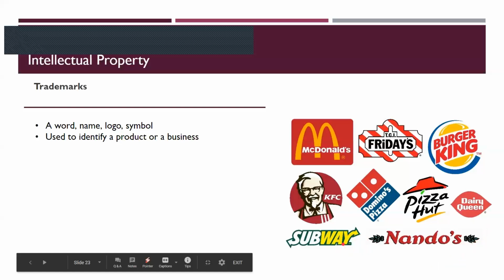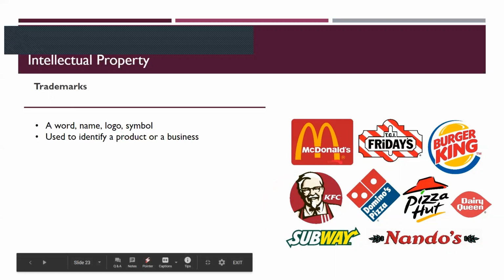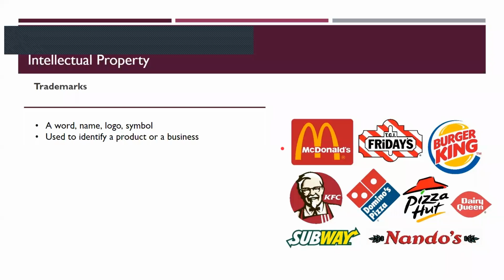The R means registered, meaning no one else has access to this, more or less. But what this means is, if you were to take away the word McDonald's here, and you just saw the golden arches, you'd still know it's McDonald's. So it's a logo or symbol, and it identifies McDonald's as McDonald's.